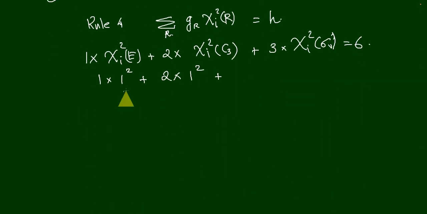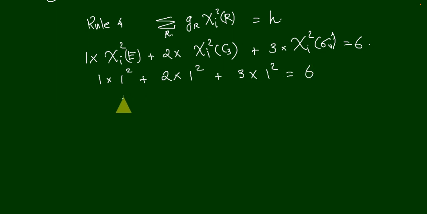So let me take this equation valid for either irreducible representation 1 or irreducible representation 2. So I can write it like 1 into 1 square plus 2 into 1 square plus 3 into 1 square. Okay, 3 into 1 square. What will be the result? 1 into 1, 1, 2 into 1 square, 2, 3 into 1 square, 3. So 1 plus 2 plus 3, that is equal to 6.